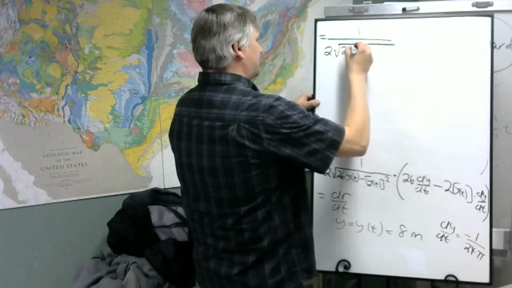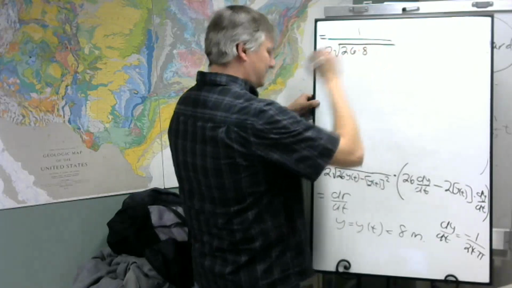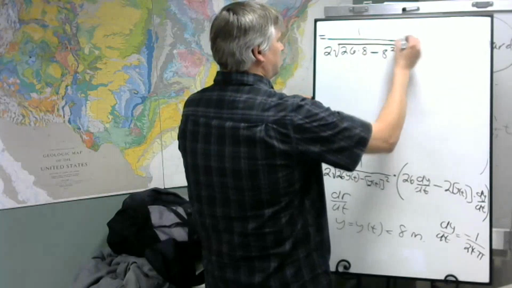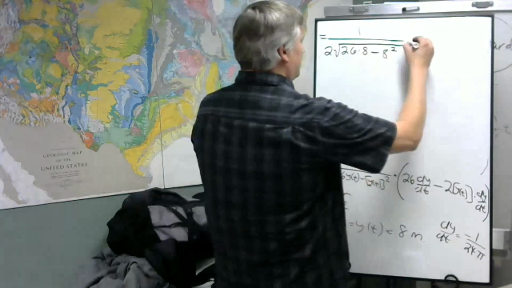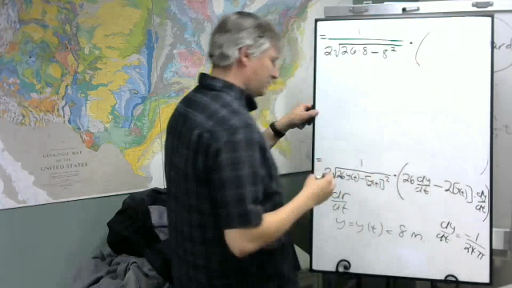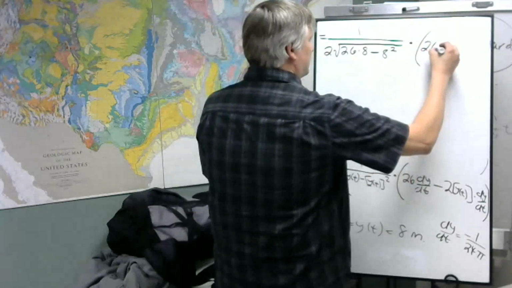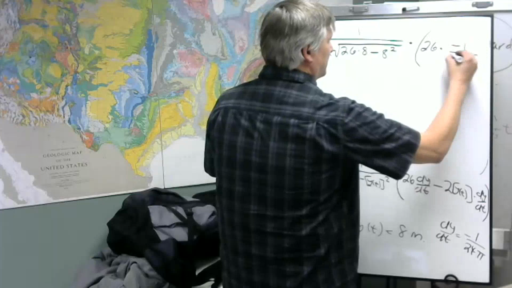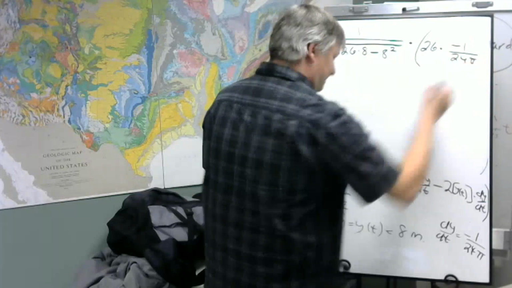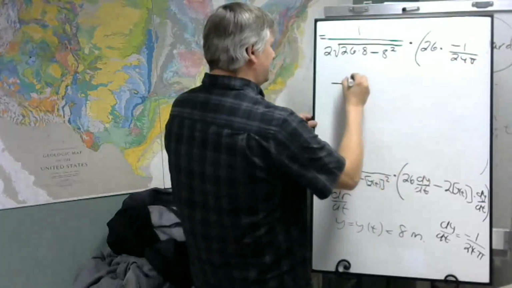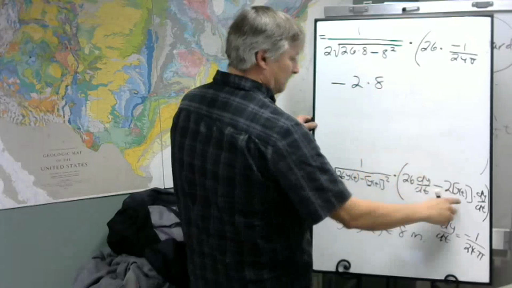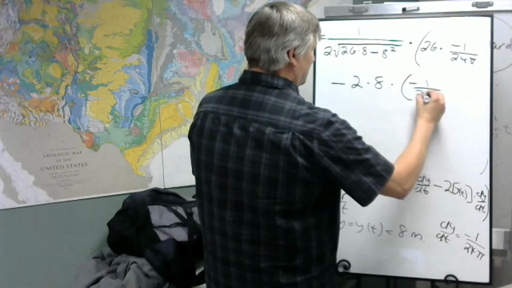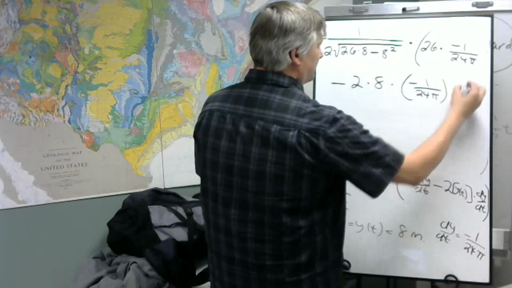we have 26. y(t) is 8 minus 8 squared times 26. dy/dt is -1 over 24π minus 2 times 8 times -1 over 24π.